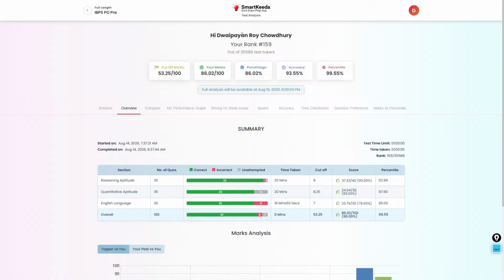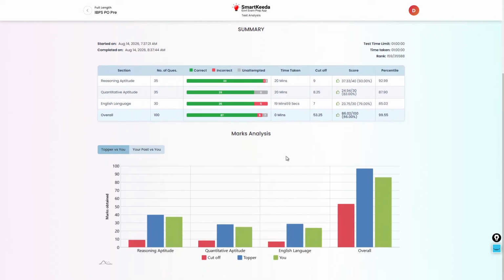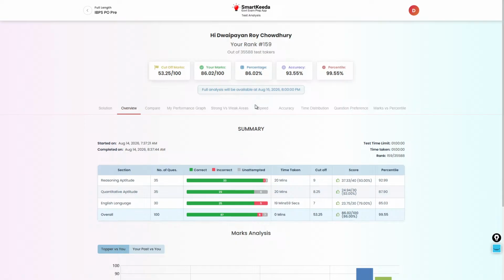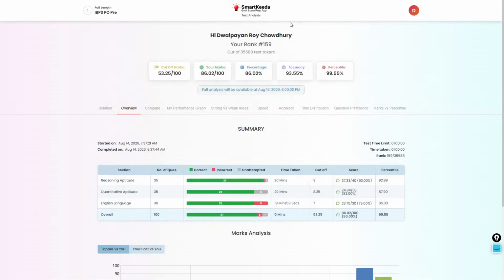Yeah, I mean, it was way below the level of a proper exam. It's definitely way below. I cannot see the total analysis currently, but for quants I have done enough. In reasoning, I got one incorrect.